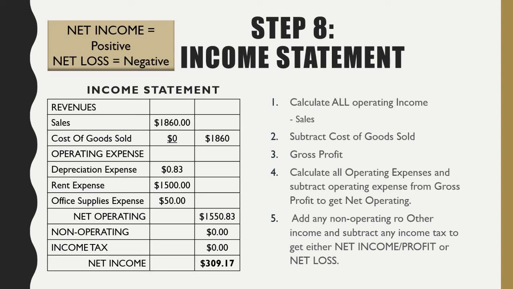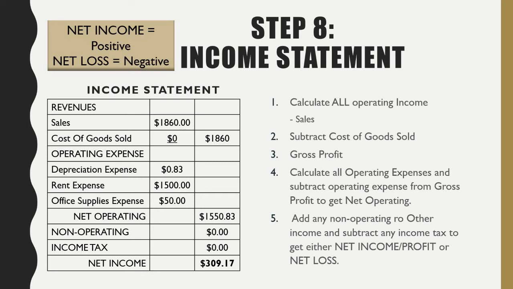Now, as you remember, the financial statements must go in a particular order, right? Because each statement is going to be reliant on the previous statement that you've completed. So for this instance, the very first financial statement we're going to be working on is your income statement, also known as your profit and loss, okay? Your profit and loss is literally going to test this.